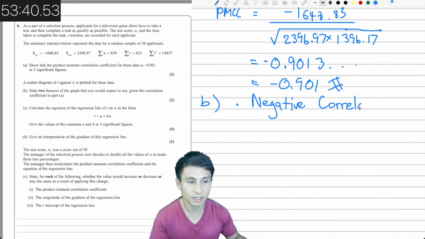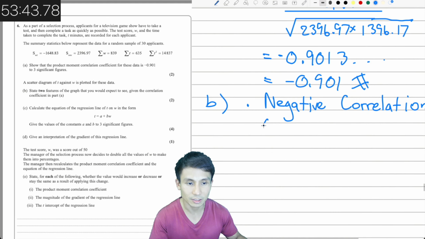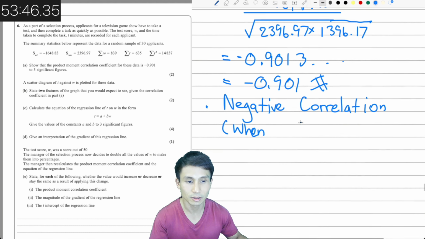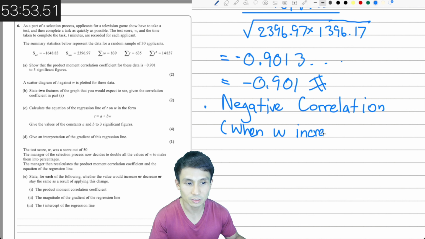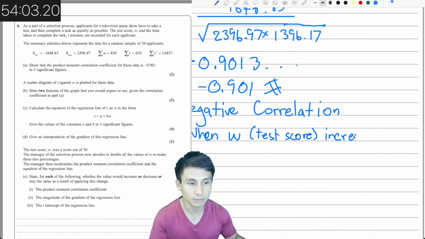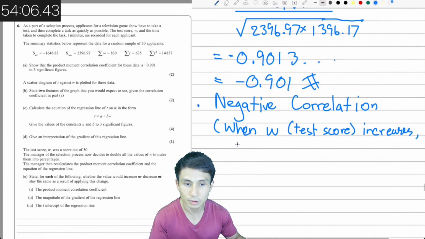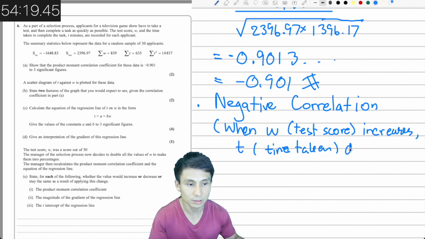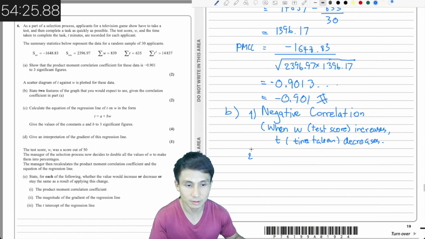Negative correlation means that when W increases, I'm just going to put some context here, W is test score, increases, the T, which is the Y value, the time taken, decreases, because it's negative correlation here. Okay, that's the first expectation.